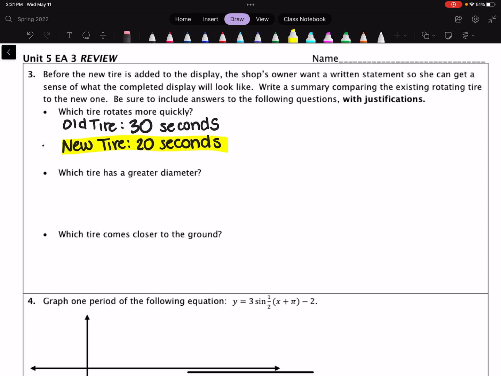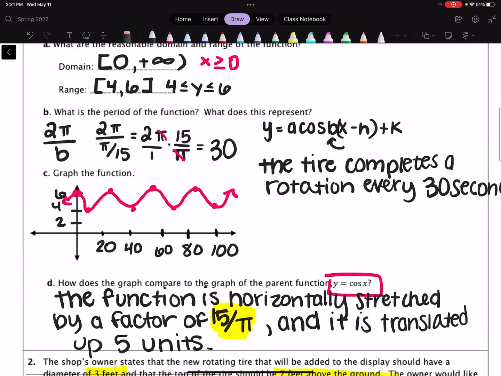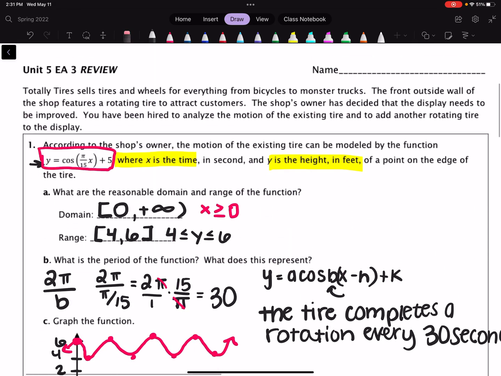Our second one, which tire has a greater diameter? So our old tire here. All right. So we aren't given explicitly what the diameter of our existing tire is, but we do know that the A value is the radius of the tire. Right?